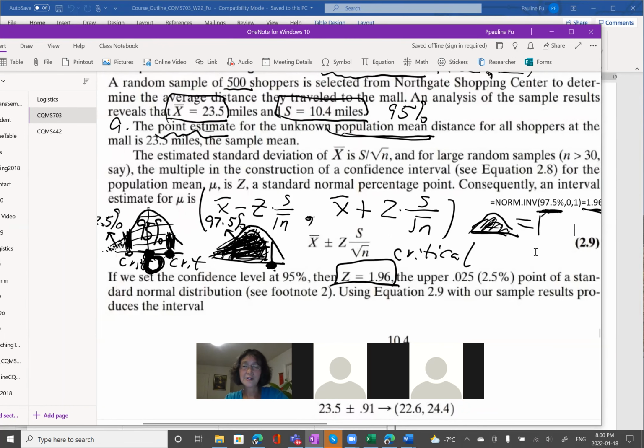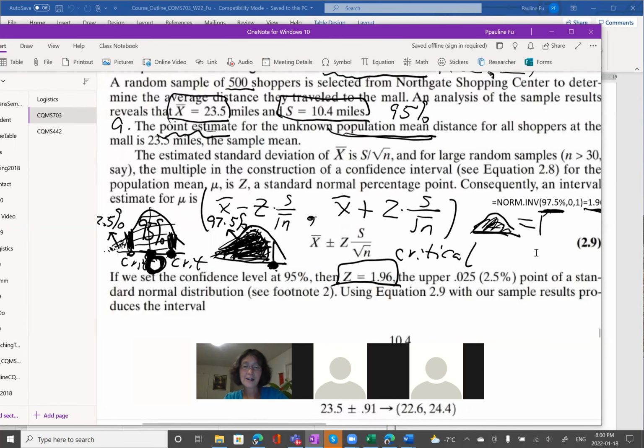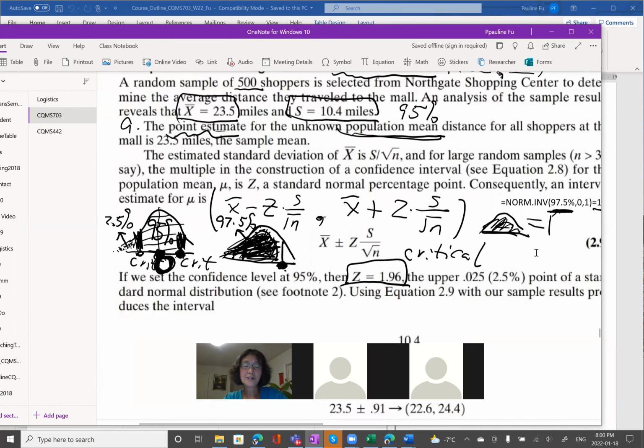Okay, so in class, I give you 95%. Maybe during the test too, I give you 93% or 87% or any percentage. You should know how to find the critical value. Is that clear? So that is how the test question is coming from.